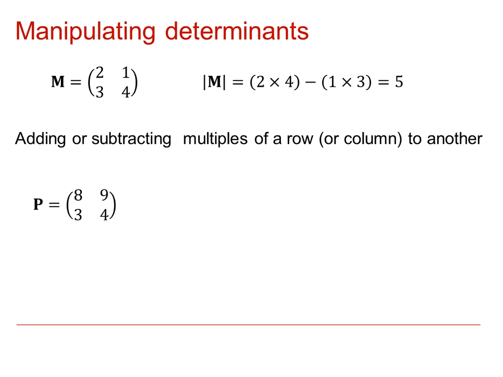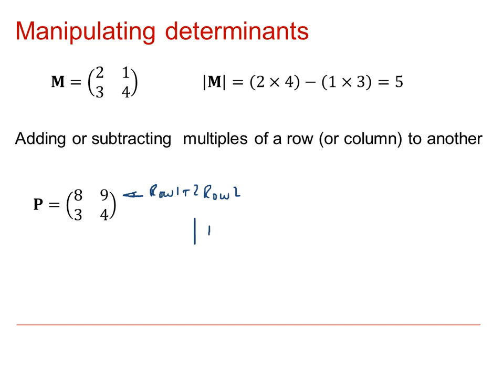If we add or subtract multiples of a row or column, so here this is a new matrix where we've added 2 lots of row 2 to row 1 to produce a new matrix. Here this is row 1 plus 2 times row 2 of the original matrix.